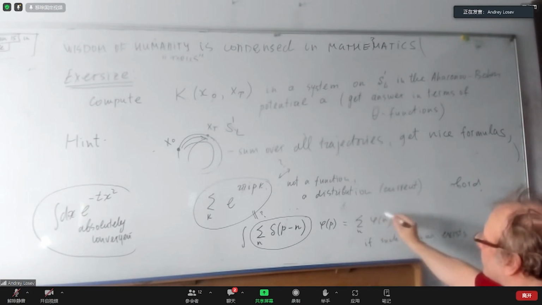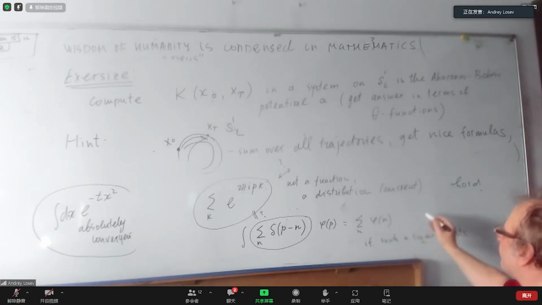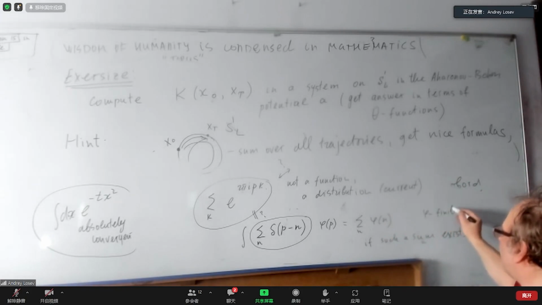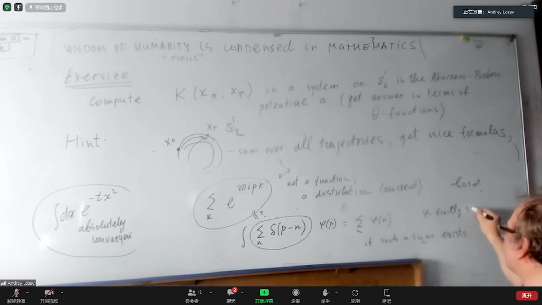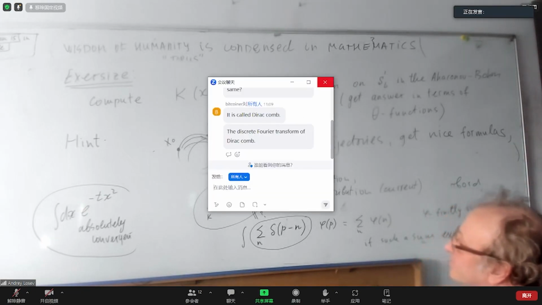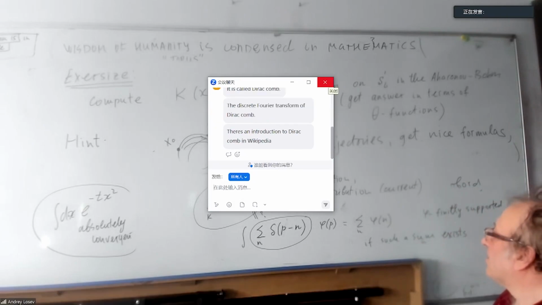That we want to show. It's the definition of the delta function. So it's enough to consider functions phi that are finitely supported.